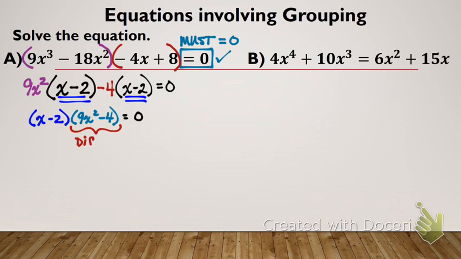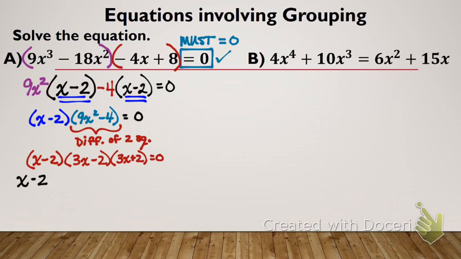Yes, this is a difference of 2 squares. So I have x minus 2, and how will that factor over there? 3x minus 2, 3x plus 2. What do I do with each of these factors now? Set them equal to 0.